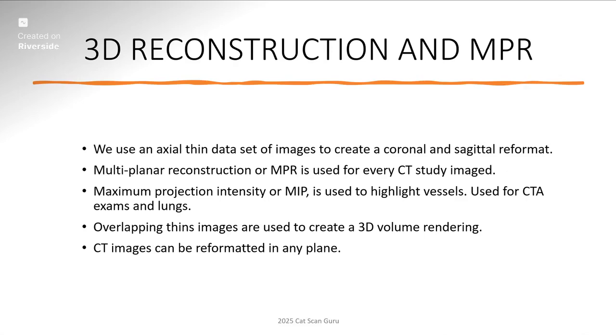I know there were some places I worked where I actually had to create them after I was done. It just took a matter of saying, hey, let's put this in our protocol so our workflow can be a little more streamlined. And of course, CT images can be reformatted in any plane. We can do an oblique plane, we can straighten our image. That's the beauty of this type of imaging and the way technology has evolved and advanced.